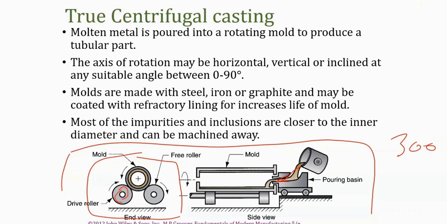This rotation may be about a horizontal, vertical or any inclined axis, that is between 0 to 90 degrees, right? Once the mold rotates at a particular speed, a centrifugal force forms. That force will drag our molten material towards the wall of the mold, right?